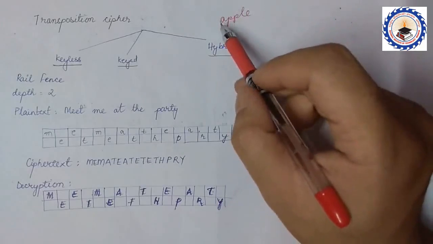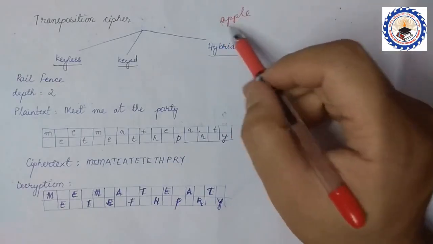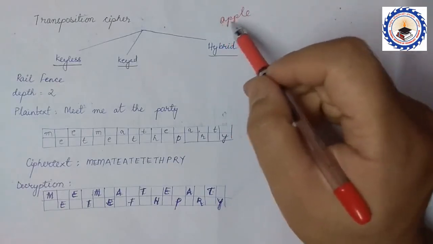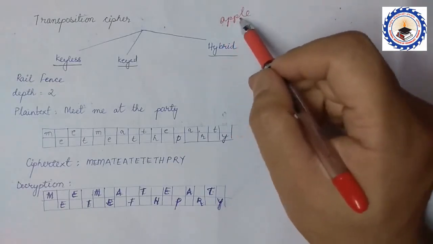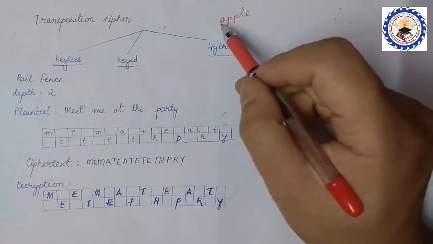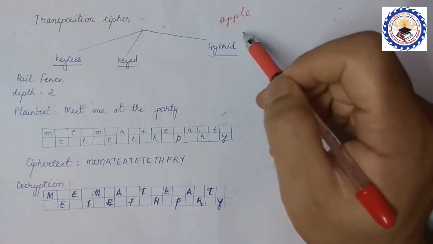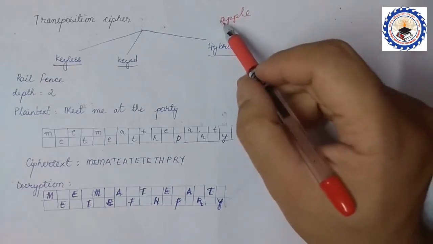To produce the ciphertext, I can write it in various ways by just interchanging the positions of the letters. It is different from substitution, since I am not replacing A with any other letter of the English alphabet. Here I am just changing the position.